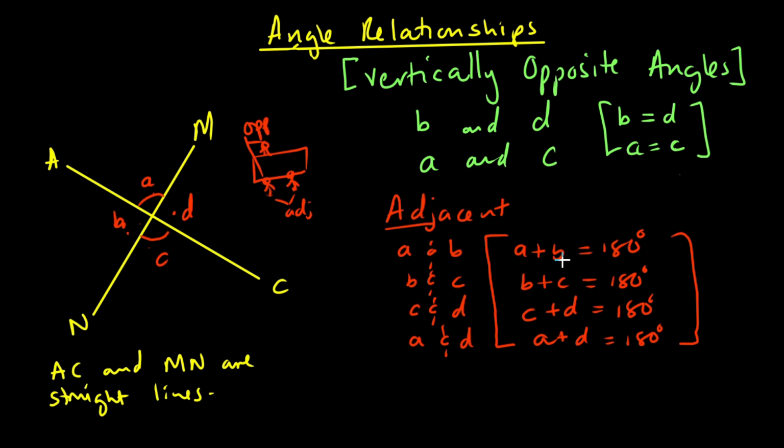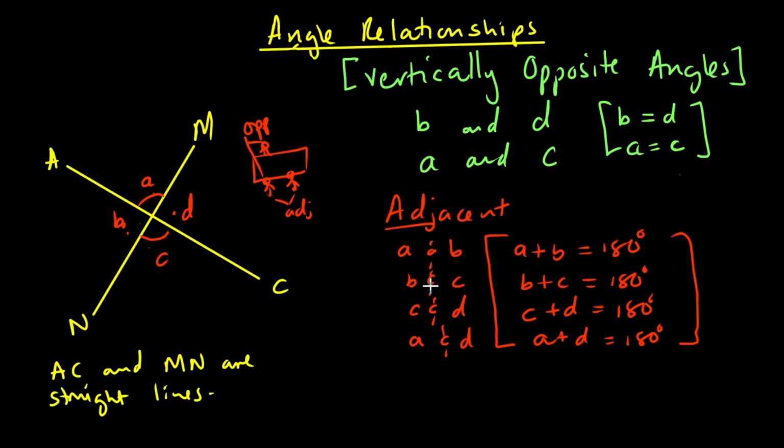Is that understandable? We just need you to understand the relationship between the two angles that you are given. Are they next to each other or are they opposite each other? If they are next to each other, then they are supplementary. They should add to 180.